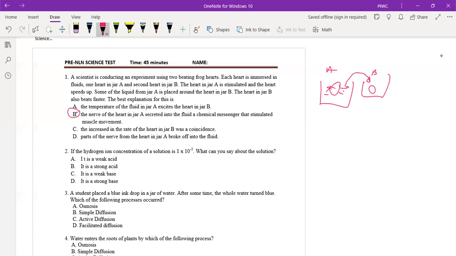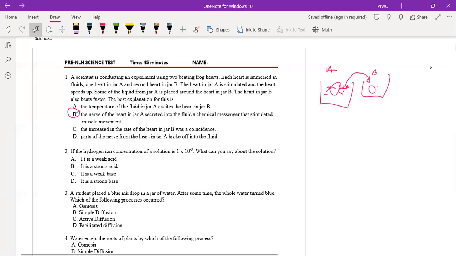So since there's no connection between the two, it means that there was a chemical released into the fluid. So A released something to a fluid that stimulated B. Okay. All right, good. All right, number 2.